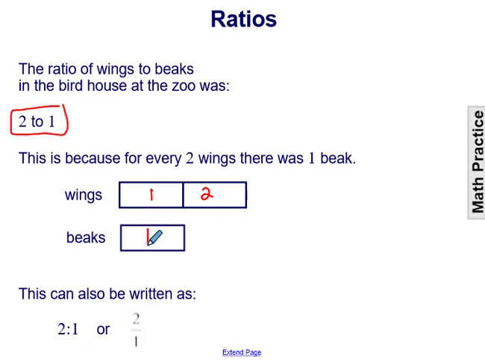So in addition to the language or the tape diagram, we also can write it 2:1 or 2/1. Those would be all 3 different ways to write the ratio, and then there's the tape diagram to visually see it. And you can use this for so many different things in the world around us. It's modeled with ratios, and we can write it using that notation.